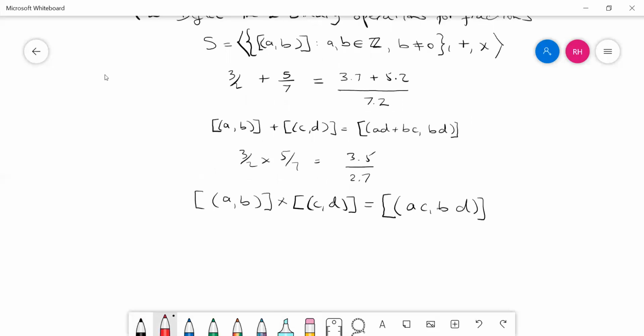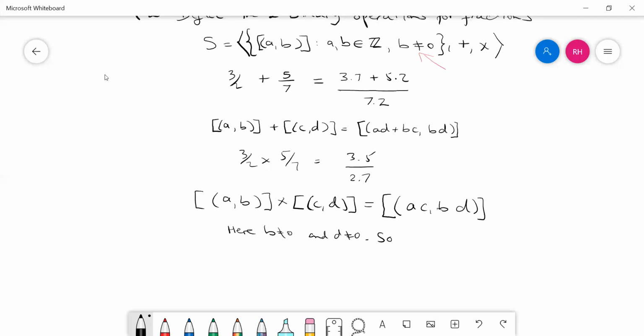This is important. B cannot equal 0, so the second thing cannot equal 0. Here B does not equal 0, and D does not equal 0.